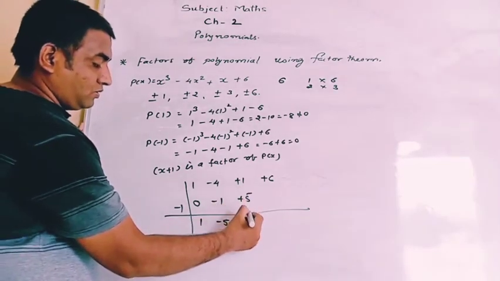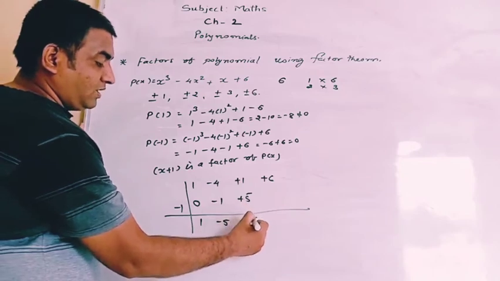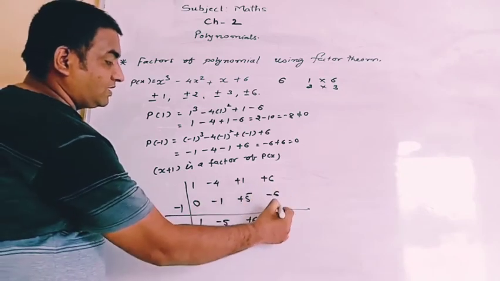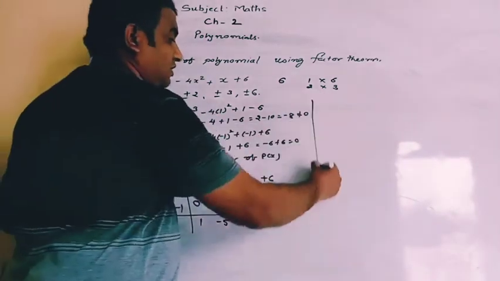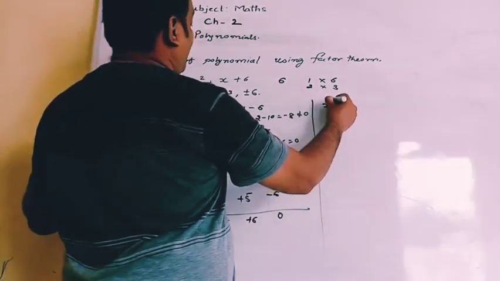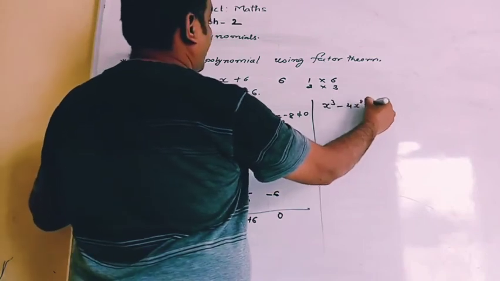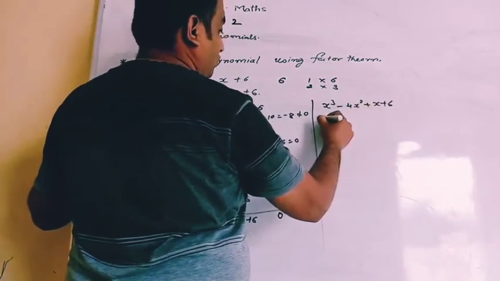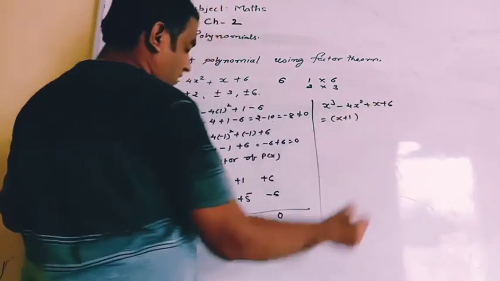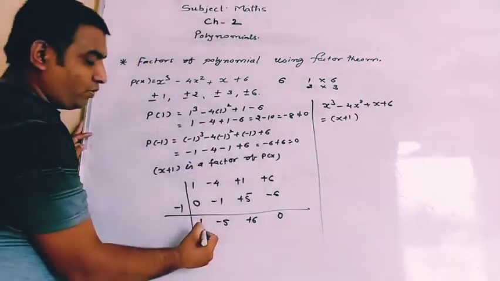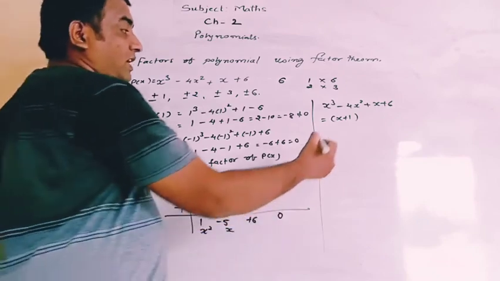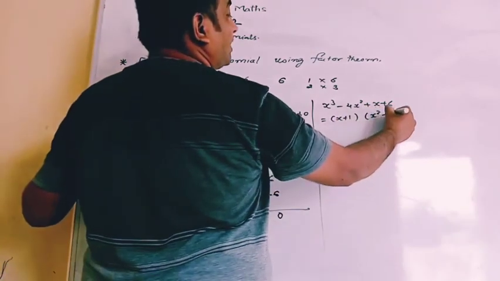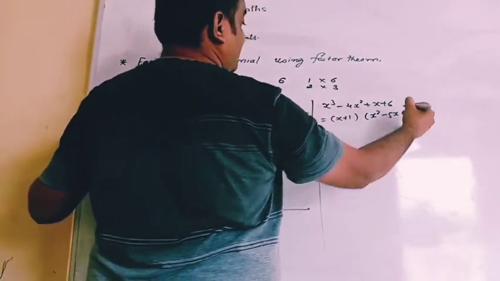So plus 6 here, and 6 into minus 1, minus 6, is 0. And so we get the polynomial x cube minus 4x square plus x plus 6 as two factors. One is x plus 1. Now the polynomial is cubic, so you start with x square and x. So our second factor will be x square minus 5x plus 6.